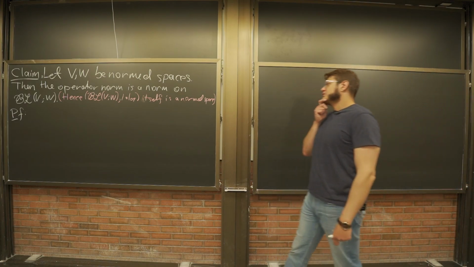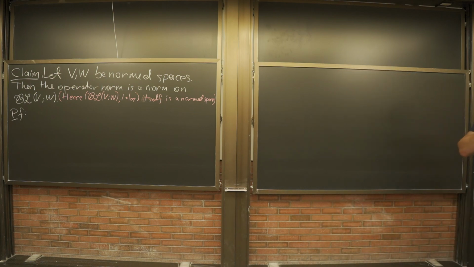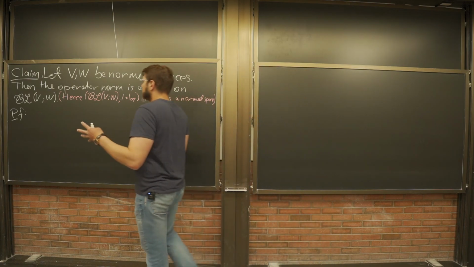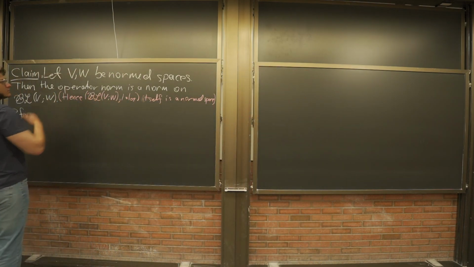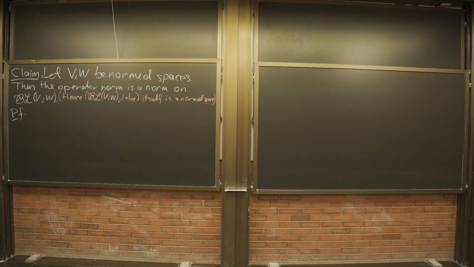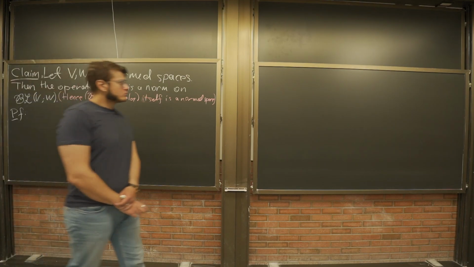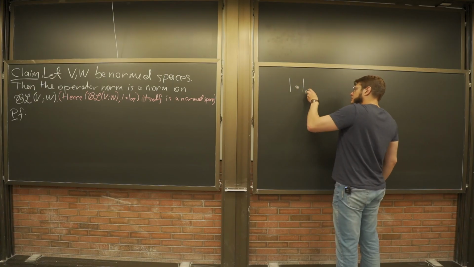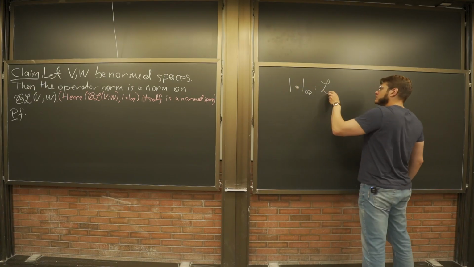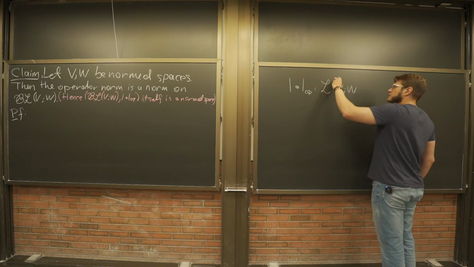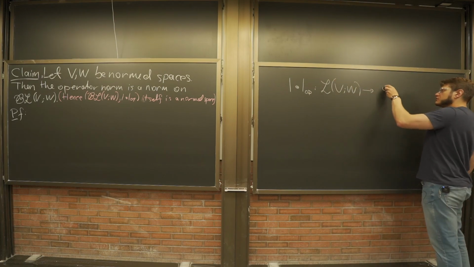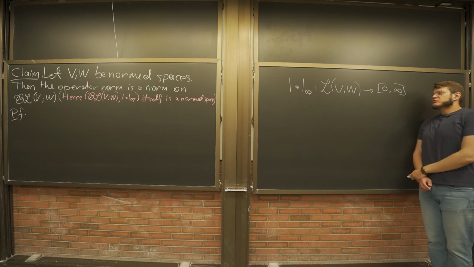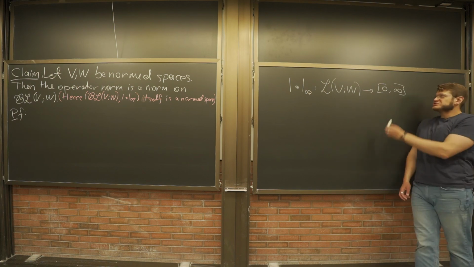If I have V and W, two normed spaces, we had discussed how I can take a linear transformation from V to W and come up with this number, or extended number, called the operator norm. In general, the operator norm of some linear transformation could be infinity.